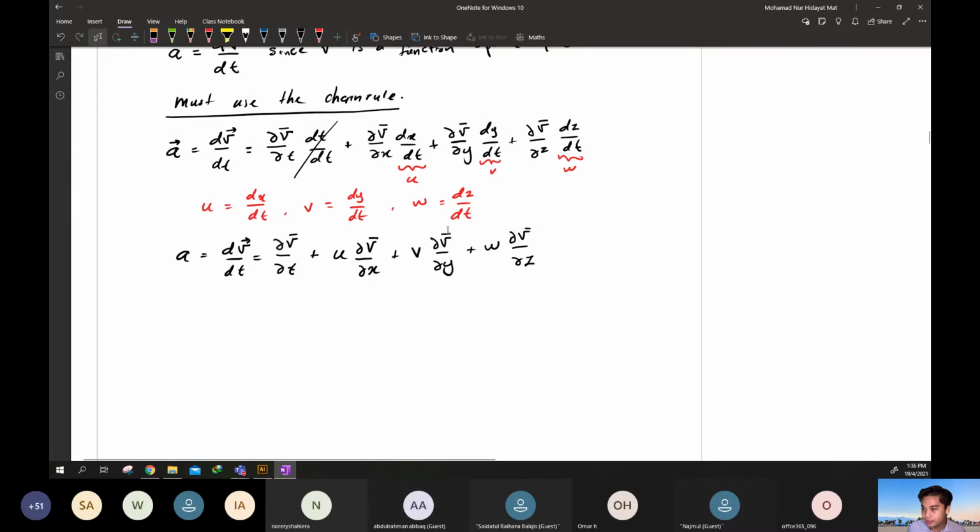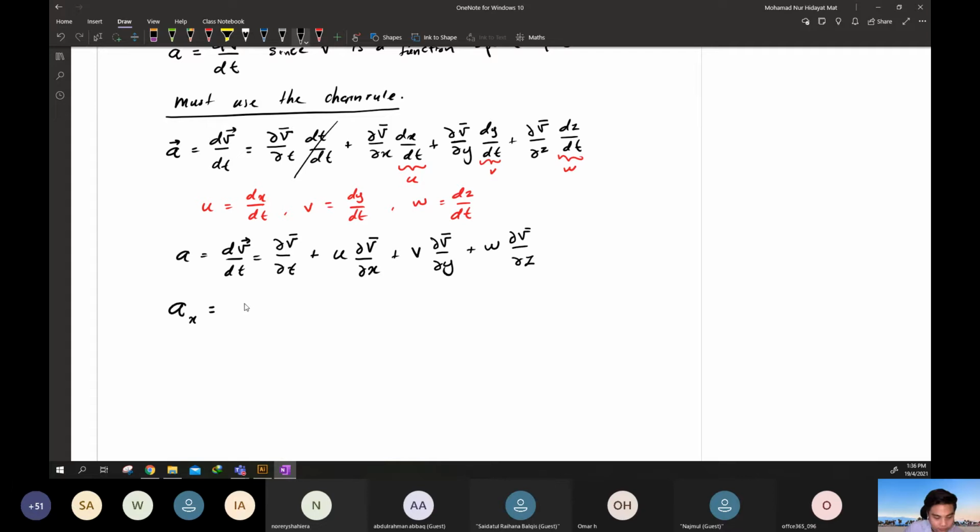Remember that acceleration is a vector quantity that has magnitude and direction. So we can express the acceleration in terms of the x direction only. How to do that? We change the v here with u, since u is in terms of x.